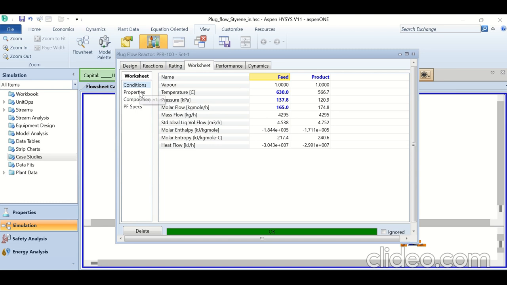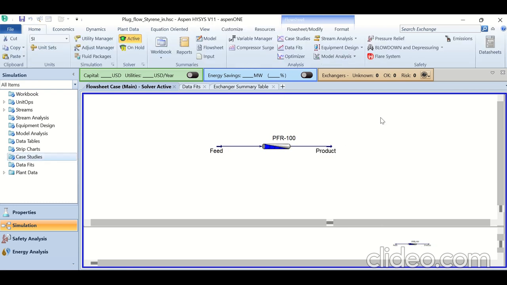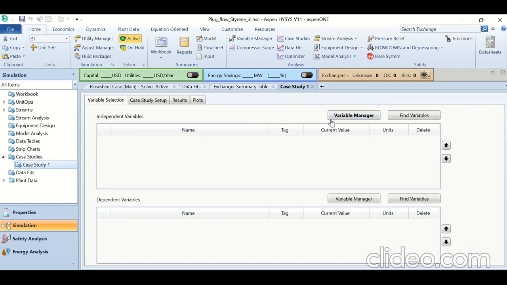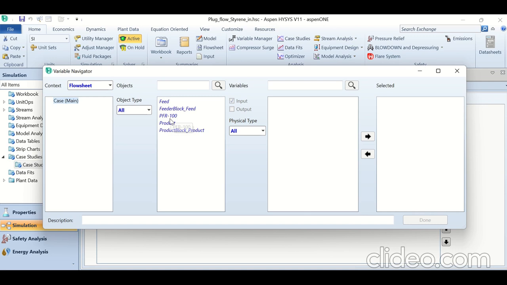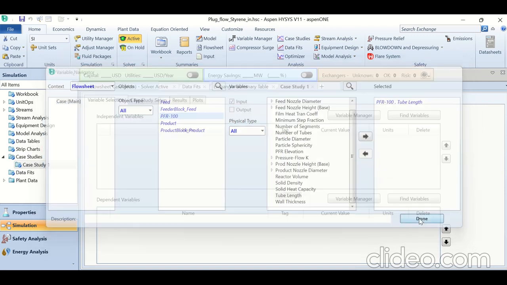Now click on the case study, click add, and find variable, plug flow reactor, go to the tube length, done.